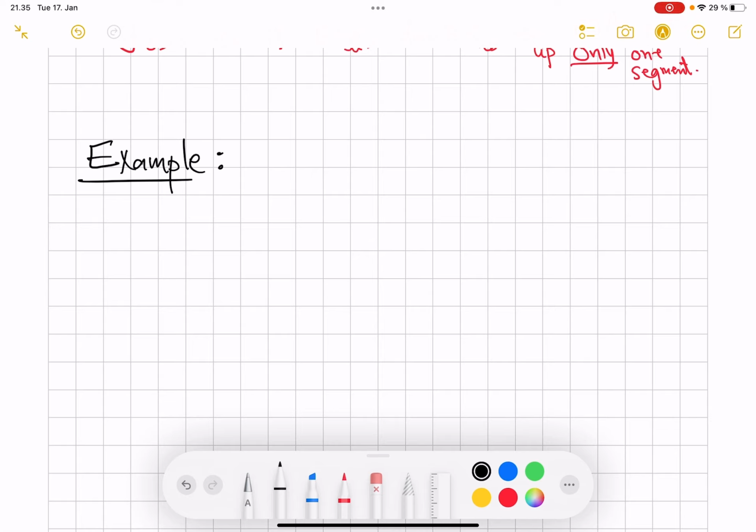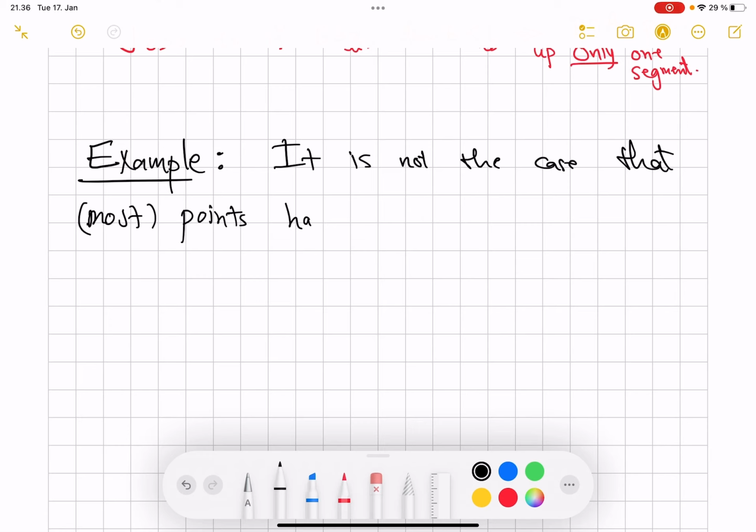This example is supposed to show you that it is not the case that most points have these delta neighborhoods where the set looks like a line segment.